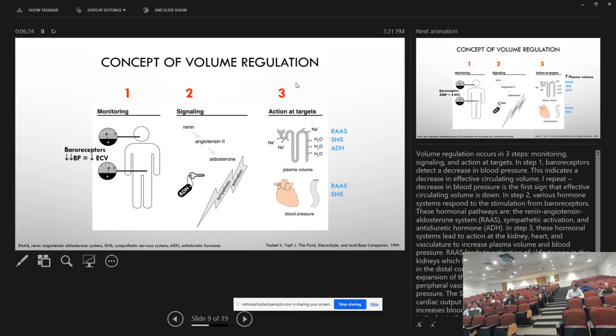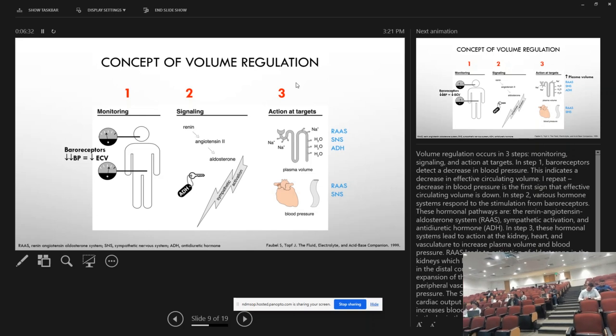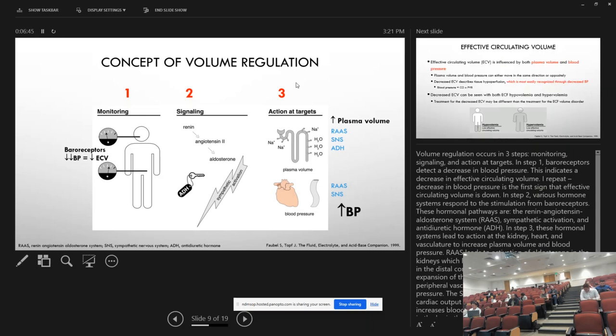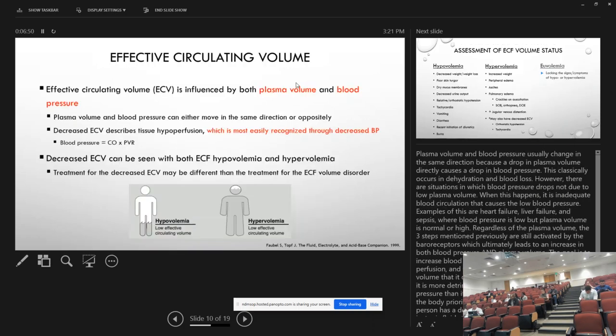So once that happens, then you'll have a signaling pathway with the renin, angiotensin II system, and aldosterone and ADH that will act on your kidneys to reabsorb water. That should increase your plasma volume and then directly increase your blood pressure over time. So it's a feedback loop, basically.